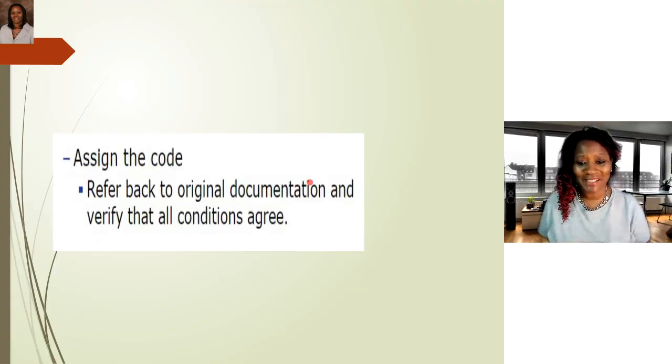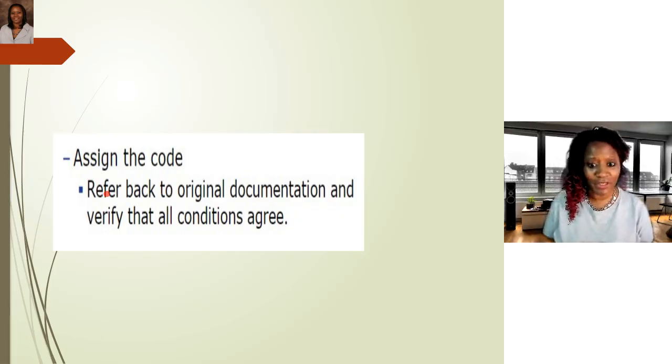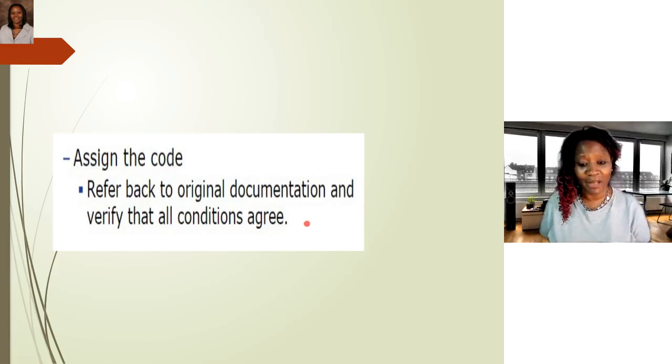Before we actually assign the code, I always tell students, refer back to the original documentation. We want to make sure that we have the correct code. So take a couple extra 10, 15 seconds to say, okay, let me make sure that this patient actually got a 2-view chest x-ray before I assign it. Make sure everything matches up, and then you can assign the code.